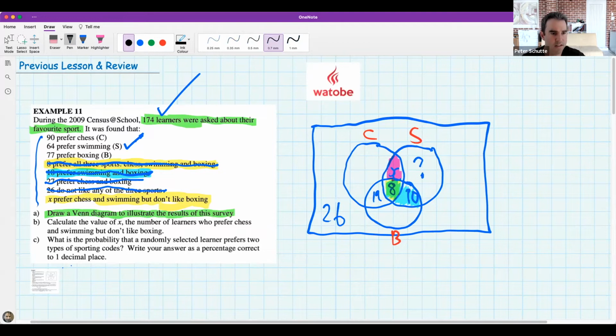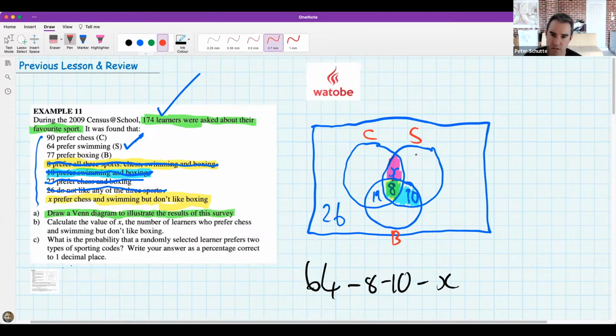So we know that there are 64 people in the whole circle who prefer swimming, but I'm interested in just this region. So what do I need to do? It's going to be 64 minus all the other things, which is minus 8, minus 10, minus x, which is going to be 46 minus x. That's what I'll get for that.